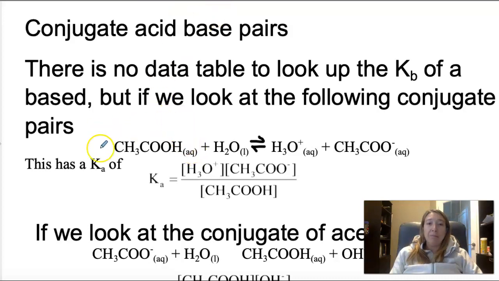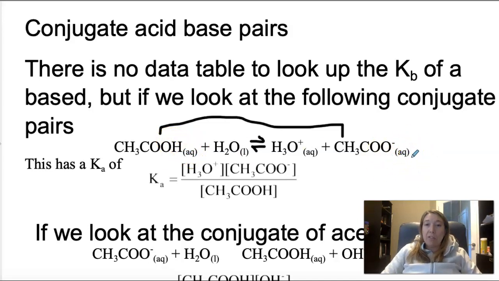We talked about how you have a species on this side that pairs up with something that's over on this side, right? So CH3COOH and CH3COO- are conjugate pairs to each other, right? And they're conjugate pairs because this has the hydrogen and this one doesn't. And we said earlier that conjugate pairs differ by one having the proton and one not having it, okay?